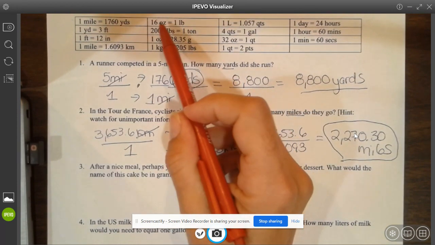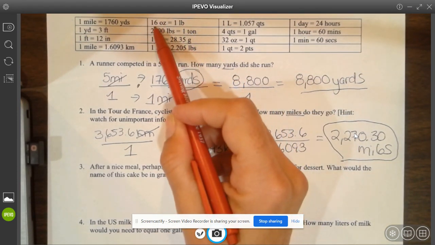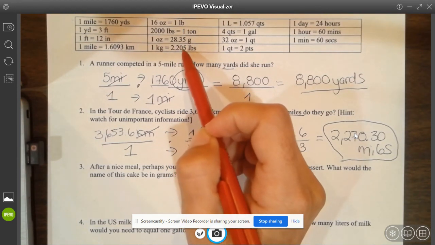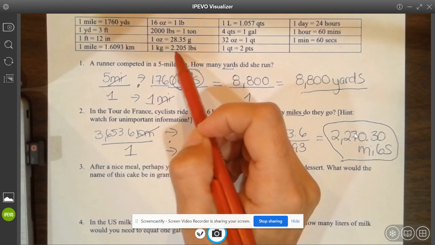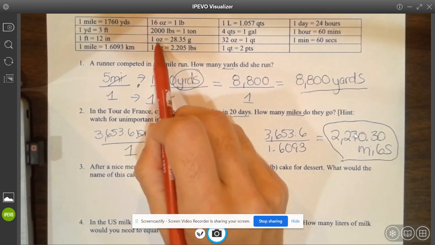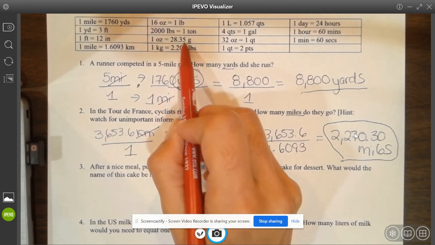Pound. So 1 pound is 16 ounces. Also, 1 kilogram is 2.205 pounds, and we want this in grams, and 1 ounce is 28.35 grams.